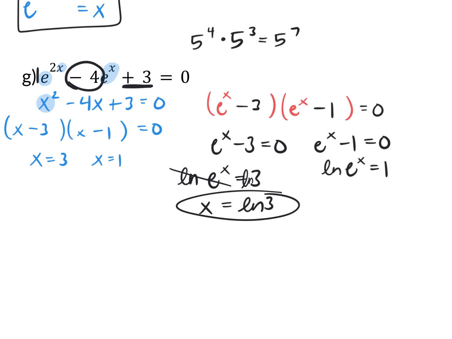I have to take the natural log of both sides. That goes away and gives me 1. So I have x equals the natural log of 1. And both of these here are answers. I don't have any domain restrictions there. So we are good.